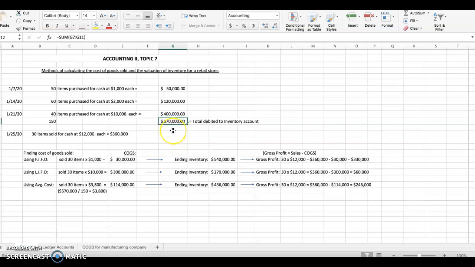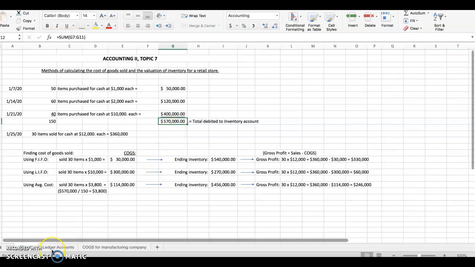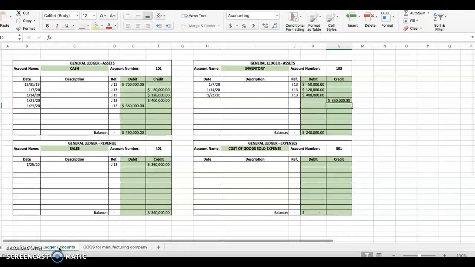Now, I'm not showing you a journal here, but the first step is to obviously put that information into the journal. Those 3 transactions on the 7th, the 14th, and the 21st will go into the journal and then into the ledger. And I'm showing you here in this tab on your screen 4 ledger accounts.